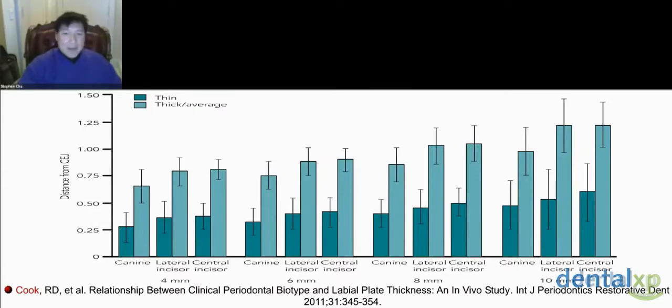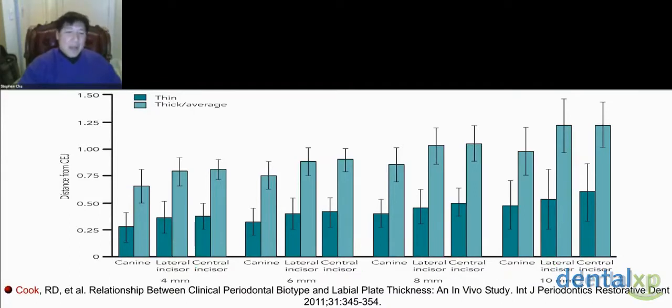The bottom line is that whether patients are categorized as thick or thin phenotype, they have basically a buccal plate thickness of a millimeter or less. What's interesting about the Cook article is that they not only measured 1 millimeter below the crest of bone, they also measured 10 millimeters from the crest of bone, and therefore had a more representative picture of what's happening along the whole buccal plate surface.